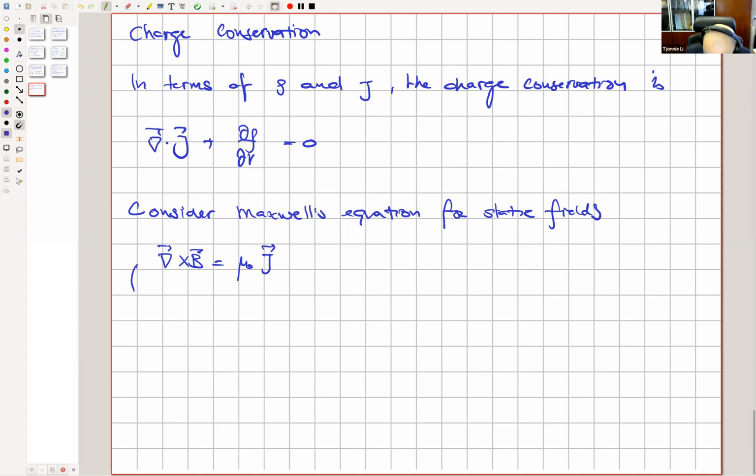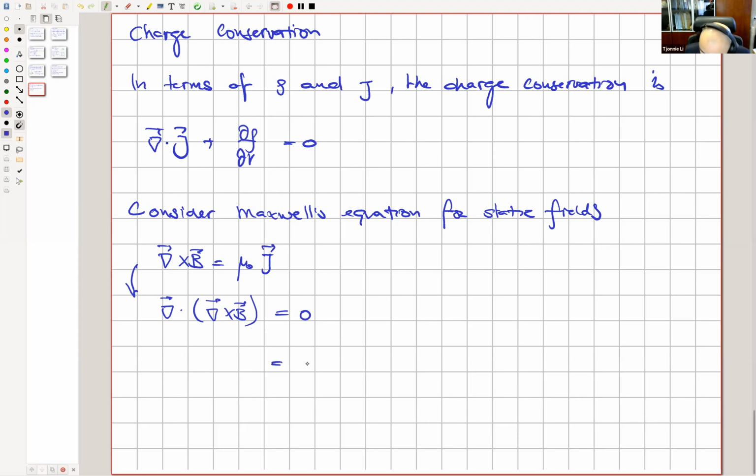Now I take the divergence on both sides. I take the divergence of a curl, which, if you recall, always gives 0.